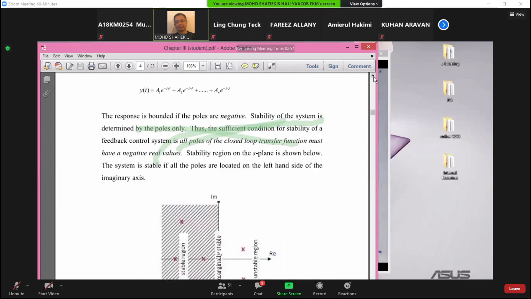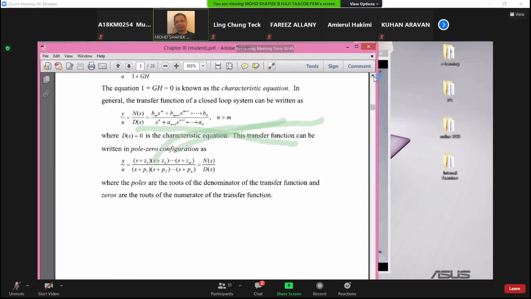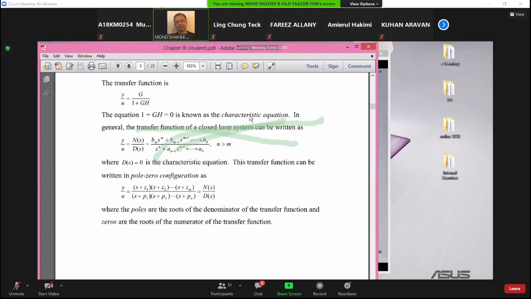only then can we talk about the roots of the characteristic equation. So 1 plus GH equals 0 is known as the characteristic equation. The denominator, when we equate that to 0. If we don't equate that to 0, you won't be able to solve for the roots.